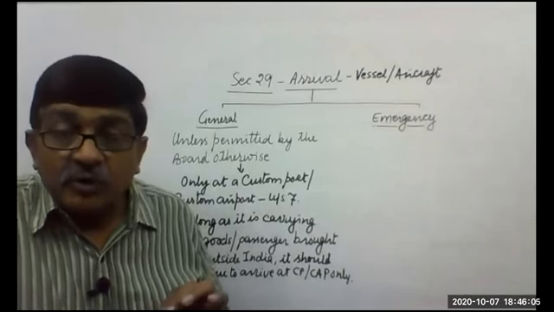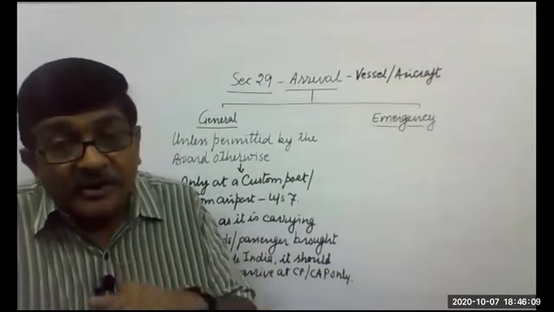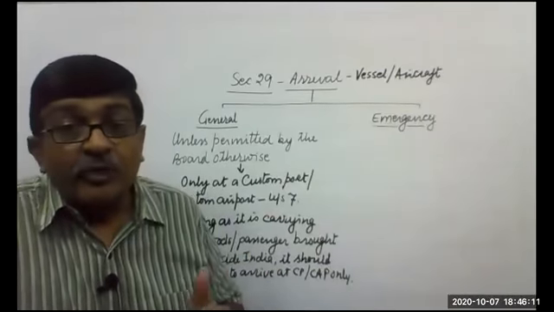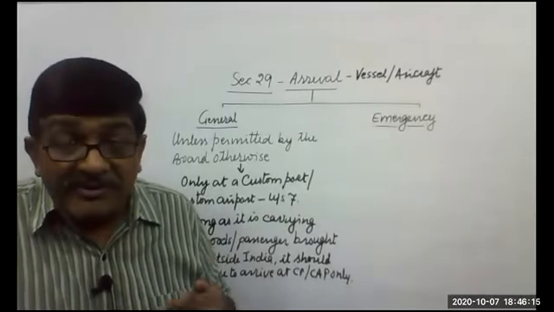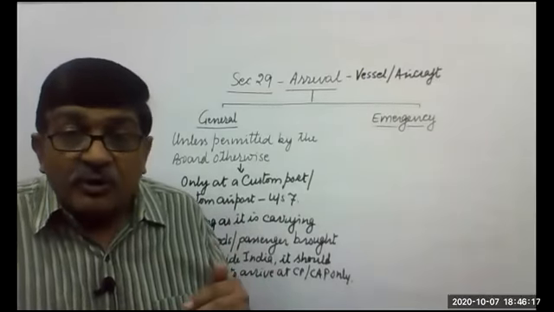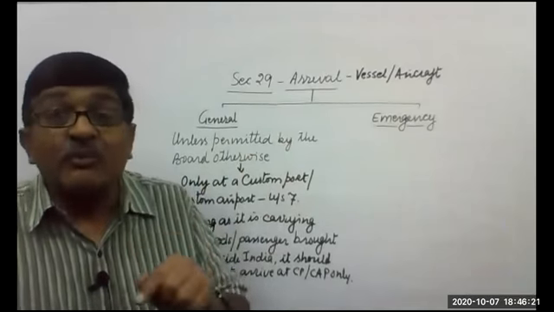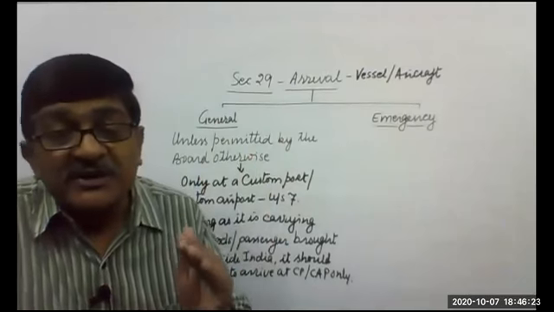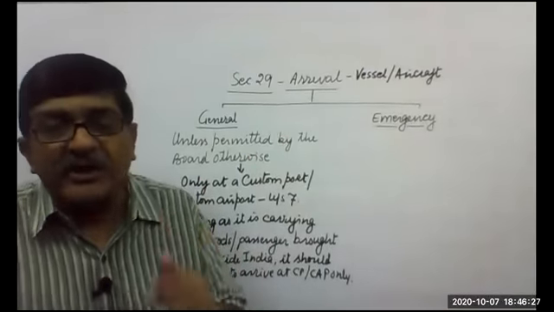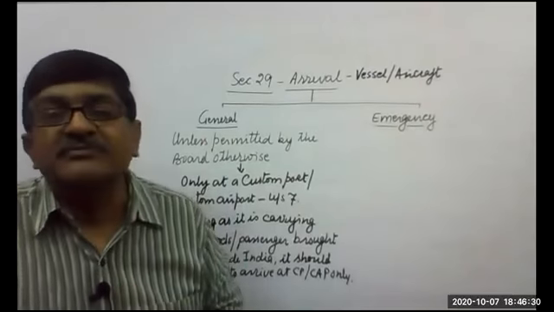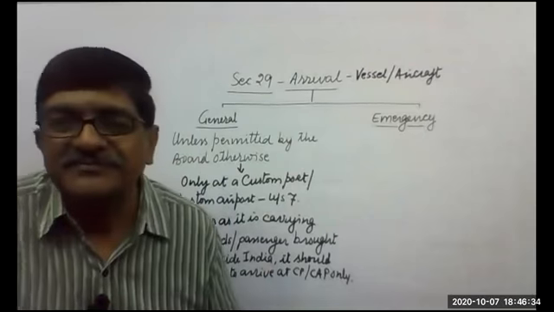Some of the passengers disembark there. Some of the baggage is unloaded at Kolkata. What about the remaining passengers coming from Singapore? What about their baggage? After landing at Kolkata, it is not free to go to any airport in India. It will have to come only at a custom port or airport as long as it is carrying passengers from Singapore, and any baggage or goods brought from Singapore.